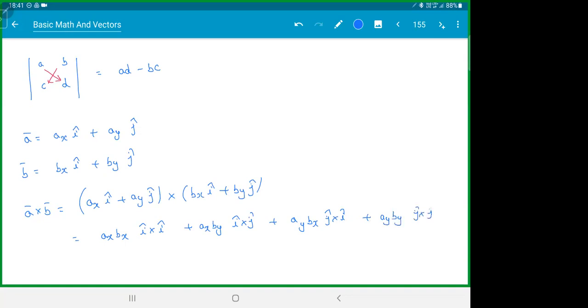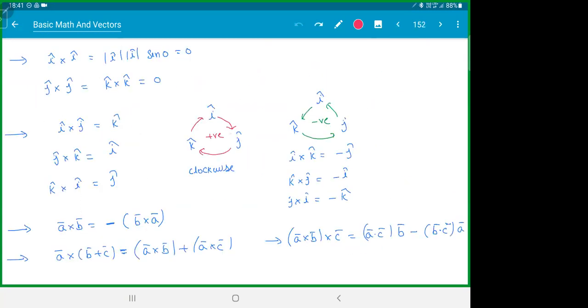And last time we saw that for two like vectors, the cross product will be 0, and 0. This I cross J will be K, J cross I will be minus K. Is that clear? I hope you remember how we got that. I hope you remember the circle. I cross J will be K, J cross K will be I, K cross I will be J. But if you go in the reverse direction, you'll get a minus sign.